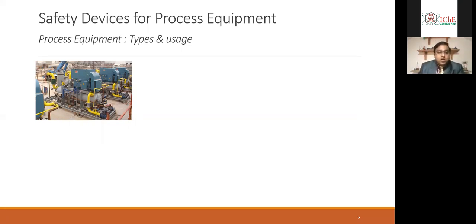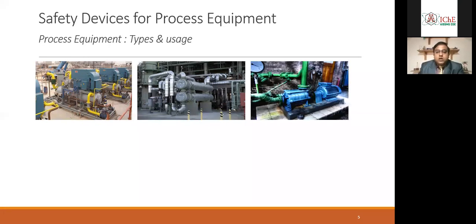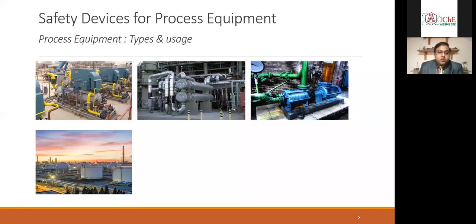This is how a typical compressor will look in a plant, a small one. Some compressors are massive. This is a typical shell and tube heat exchanger, how it will look in a plant. This one is a centrifugal pump, and these are the storage tanks.